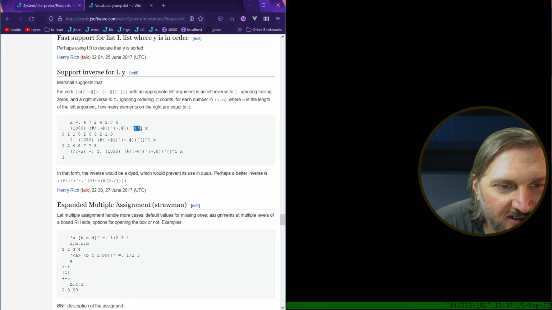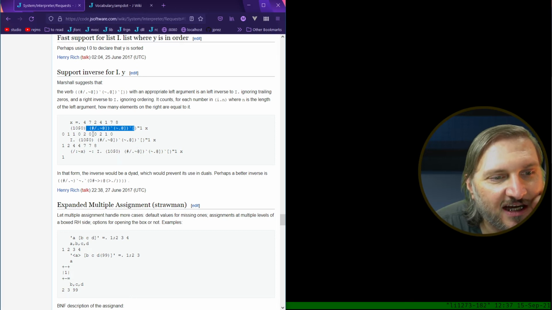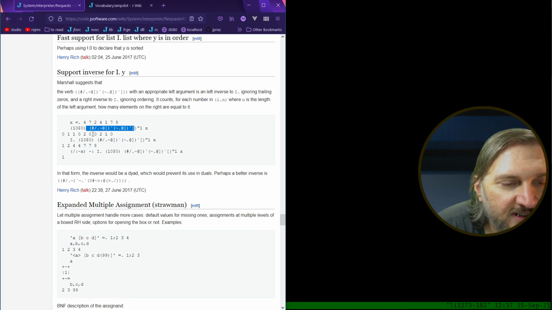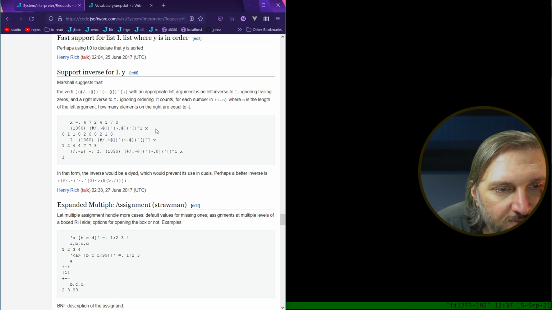We're doing an amend at rank 1 of X, okay, and then we're using a gerund to describe the behavior of the amend, and I have no idea what that does. I've probably used it. I remember using gerunds with amend in the past, and I have no idea what this does.